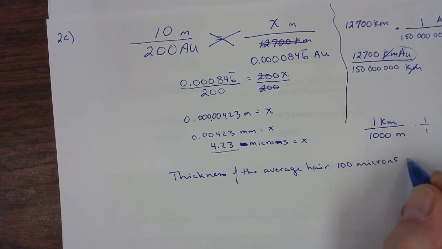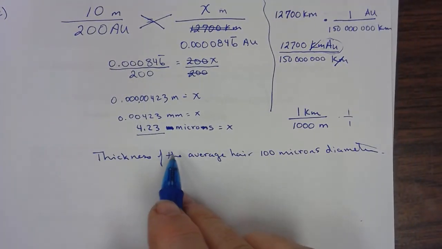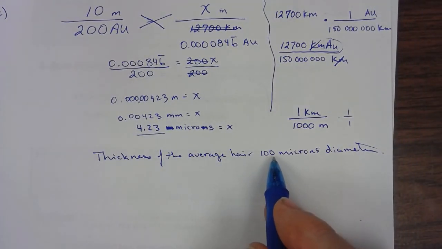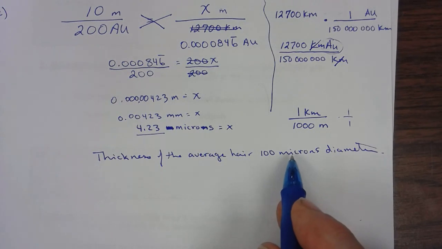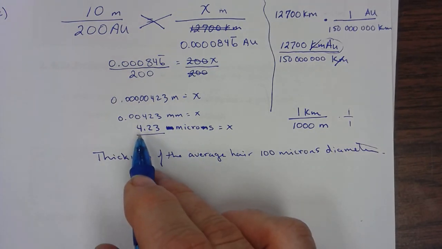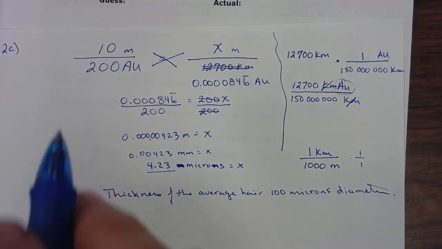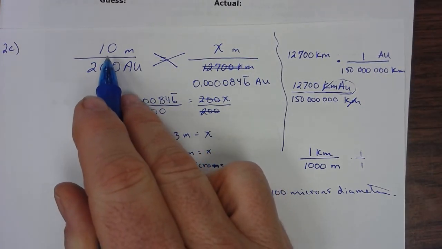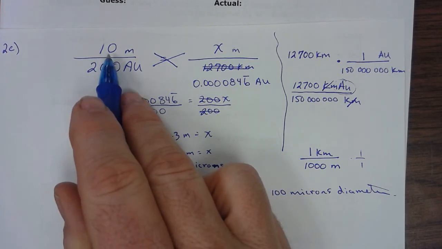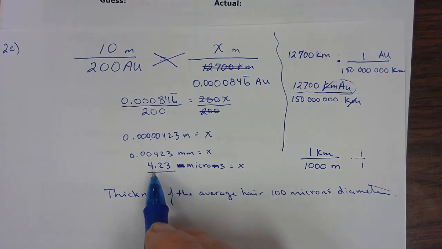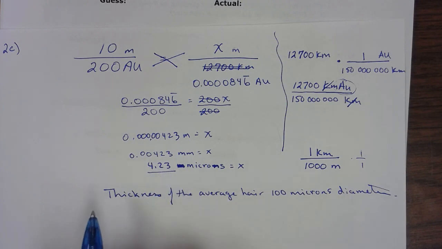Okay, so if the thickness of a hair is 100 microns, and we're saying that the whole Earth is 4 microns in diameter in this example, if the solar system were 10 meters. So if the solar system could fit in our classroom, Earth would be 4 microns in size.